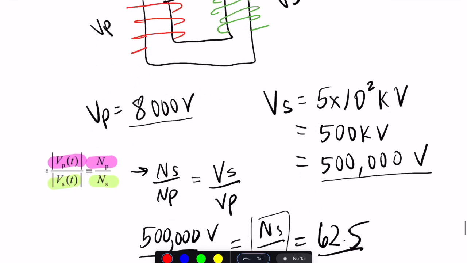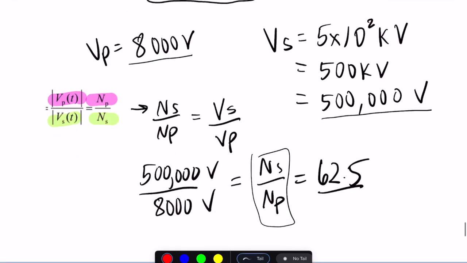I'm going to rearrange this equation to solve for NS over NP, which gives me VS over VP, the output voltage divided by the input voltage. So output voltage, big number, divided by input voltage, the small number, because this is a step-up transformer, and that ratio ends up being 62.5.